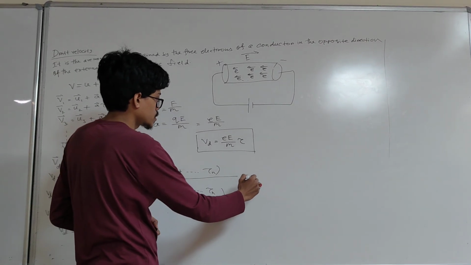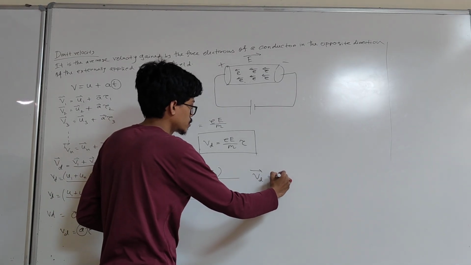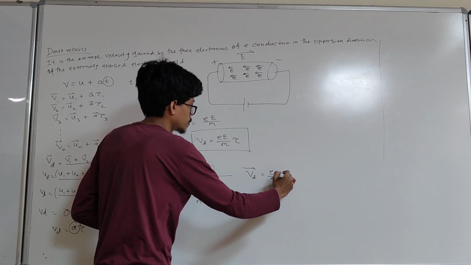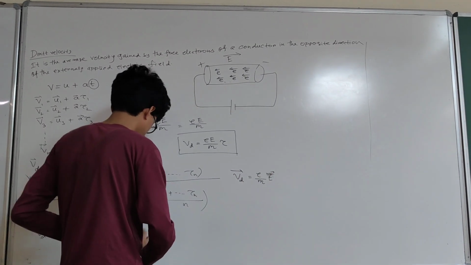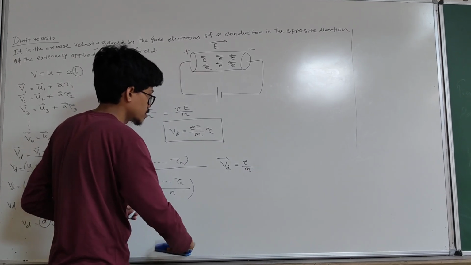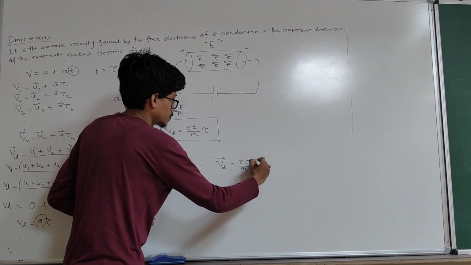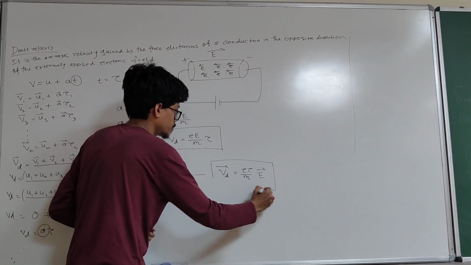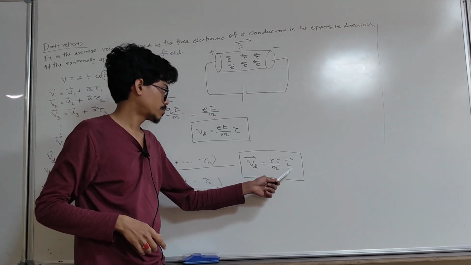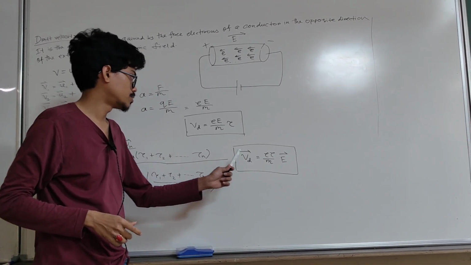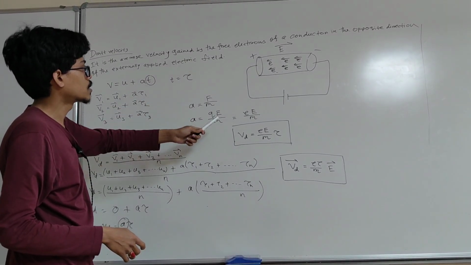If we consider this as a vector quantity, we will get the vector relationship of this form. The electric field direction and the drift velocity direction are both opposite.